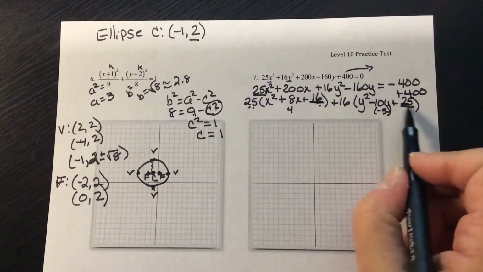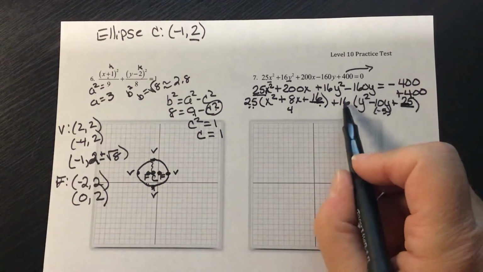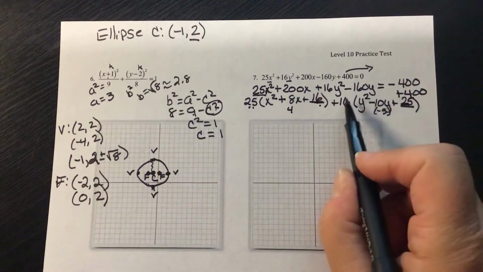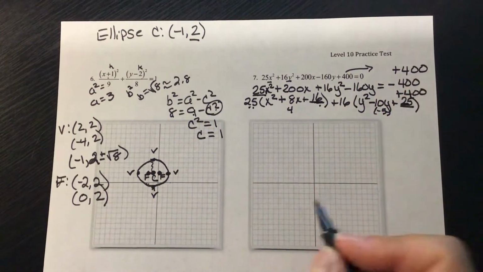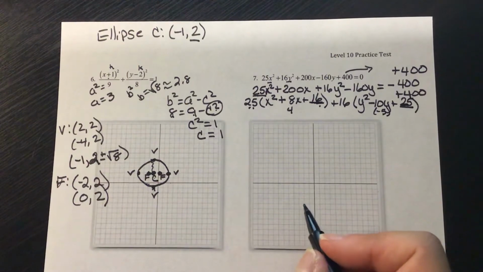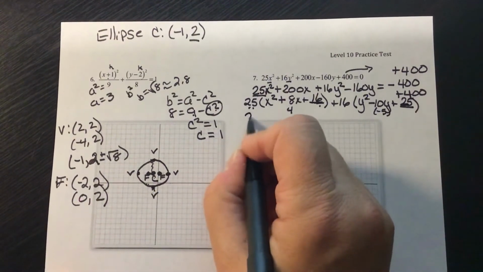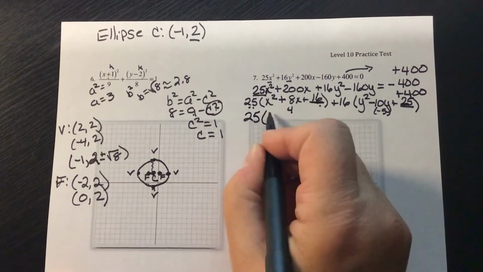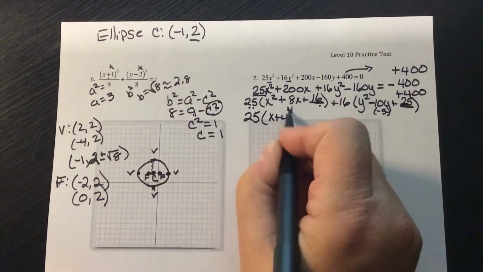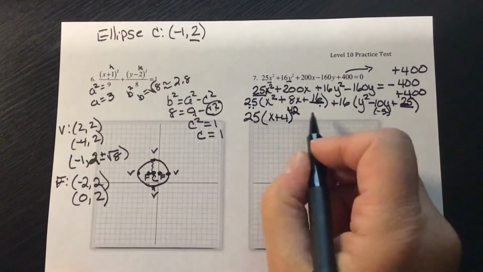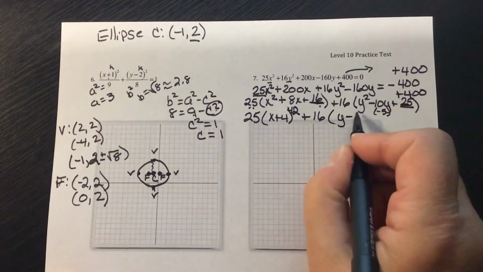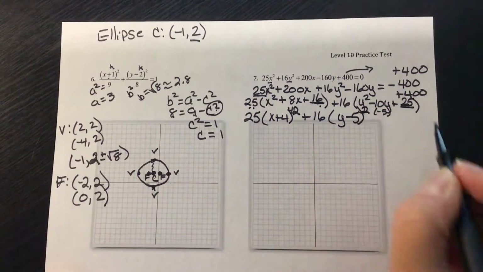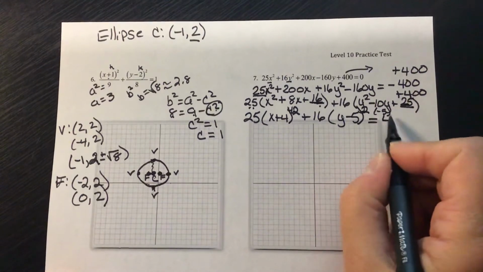So 25 goes here, but I'm really adding 16 times 25, which again is 400. And if I factor this, I'm going to have 25 times x plus 4, quantity squared, plus 16 times y minus 5, quantity squared, equals 400.